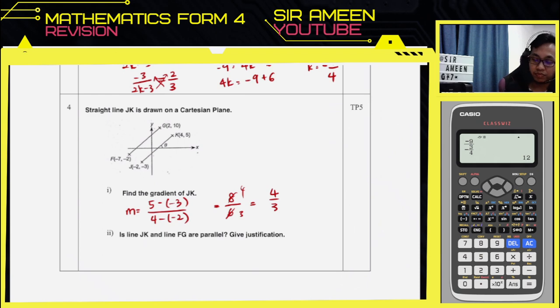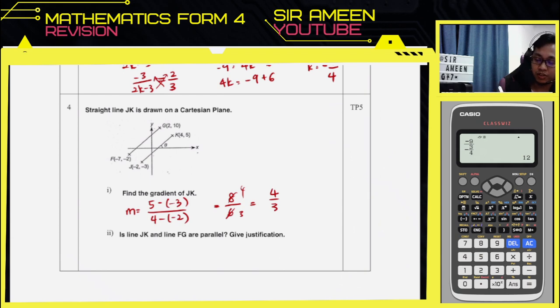And then, are line JK and line FG parallel? Give justification. How do we know if the lines are parallel? The lines are parallel if they have the same gradient. So to know if JK is parallel to FG, you need to find the gradient of FG. If it is equal, then it will be parallel.